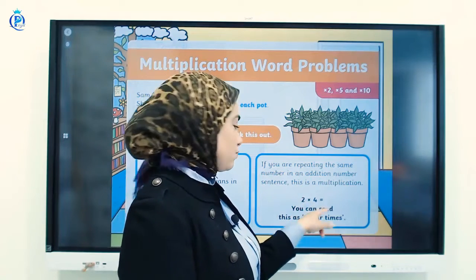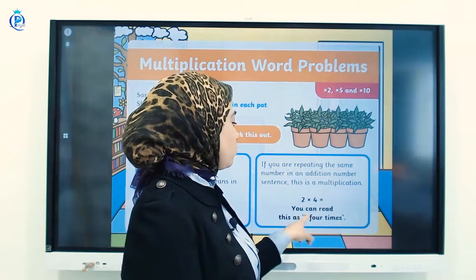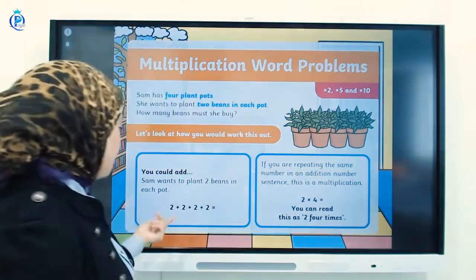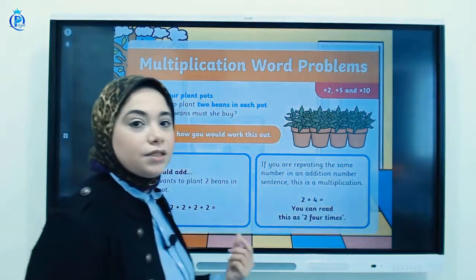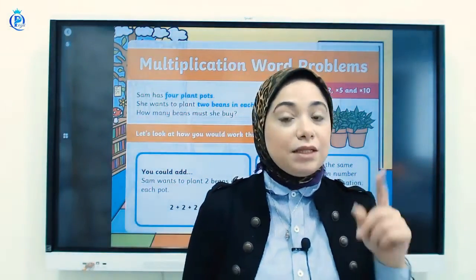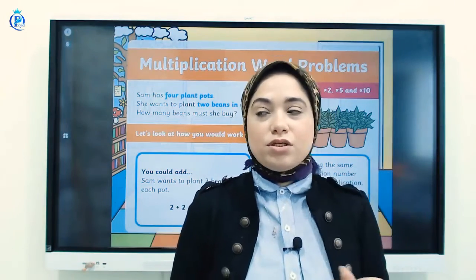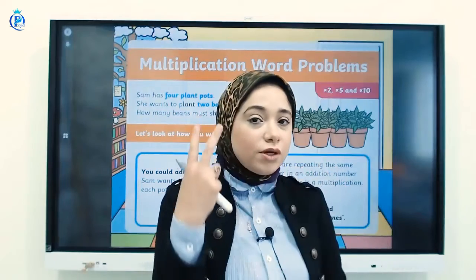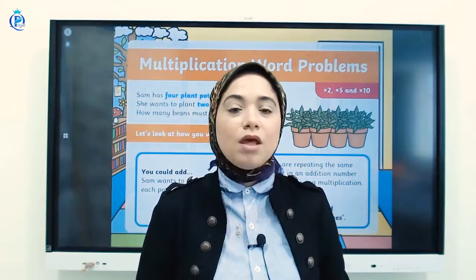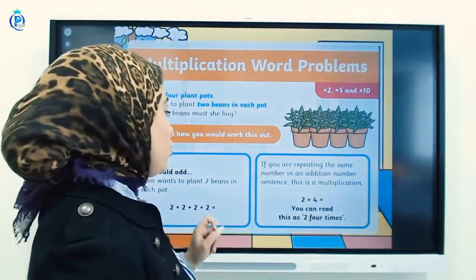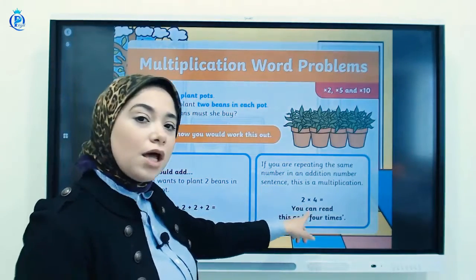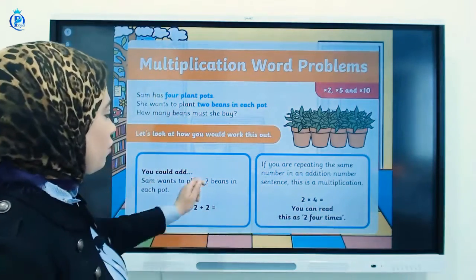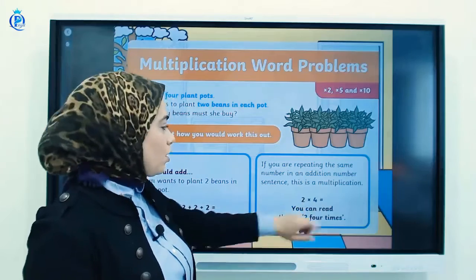You can read this as 4 times. Multiplication is repeated addition. So I can do 2 plus 2 plus 2 plus 2, 4 times, or 2 times 4, because I repeated 2 four times.